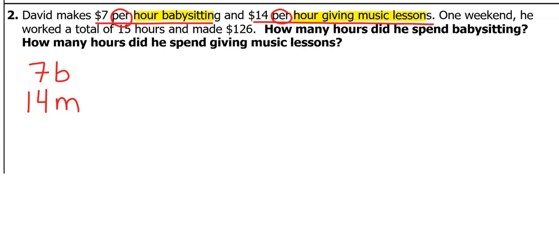One weekend, he worked a total of 15 hours. So the number of hours that he worked in total was 15. Let's think about what here represents the number of hours that he spends babysitting and giving music lessons. Remember, B stands for the number of hours babysitting. M stands for the number of hours giving music lessons.